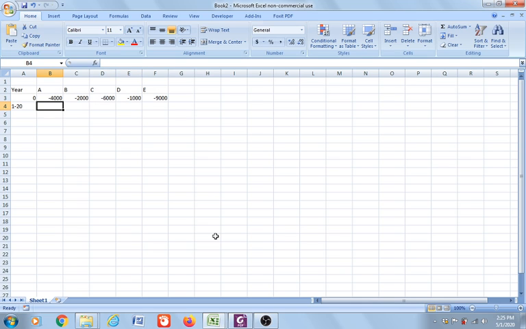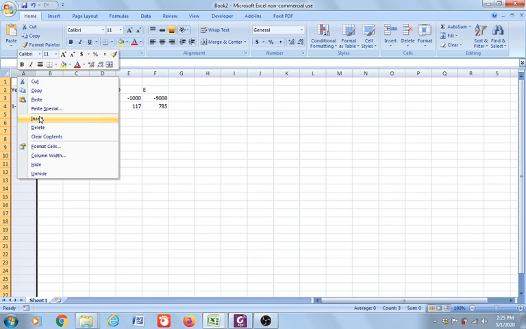And the cash flow from year 1 till year 20 is 639 for A, 410 for B, 761 for C, 117 for D, and then 785 for E. So the first thing that we need to do is to calculate the total of the cash flow.